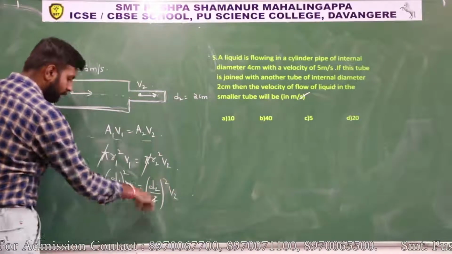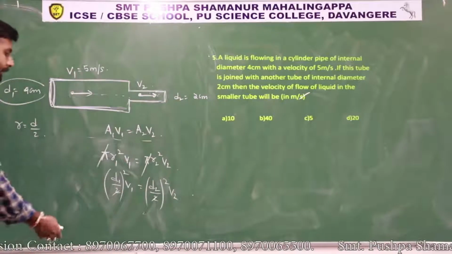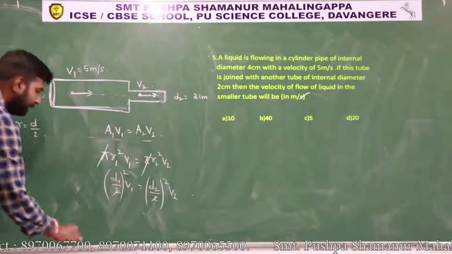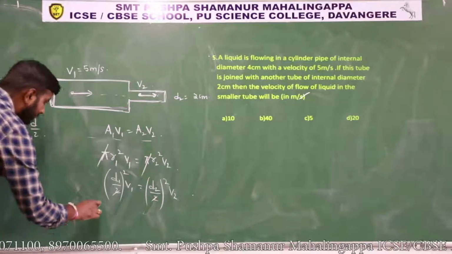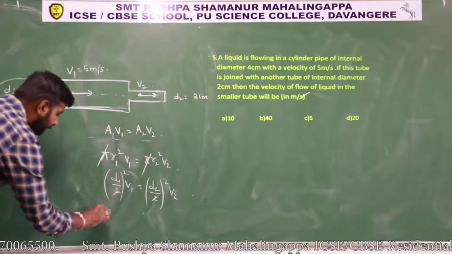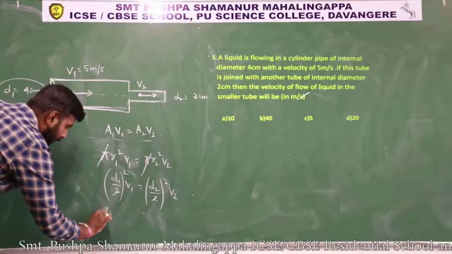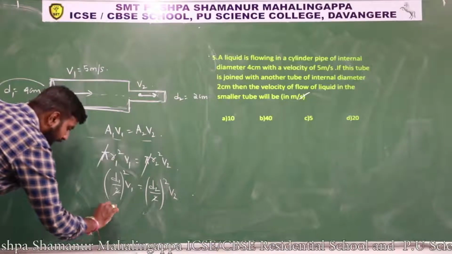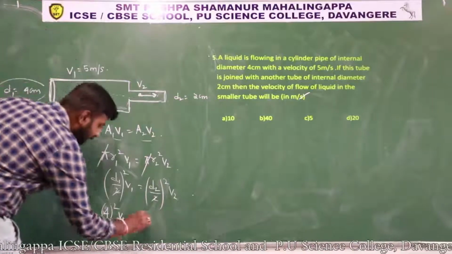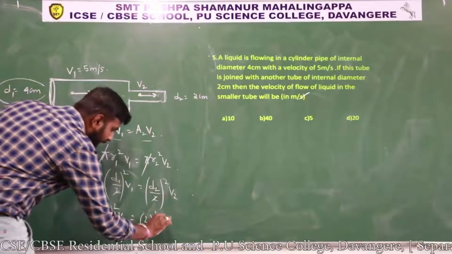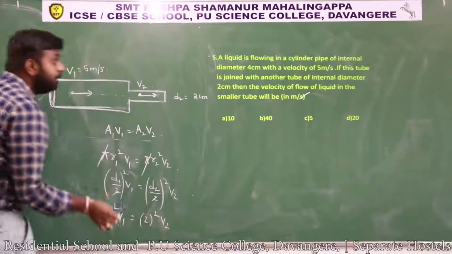Here this 2 will get cancelled. Then you can write it as d1. d1 value is 4 centimeter, so 4 square into v1 is equals to d2. d2 value is 2, 2 square into v2.